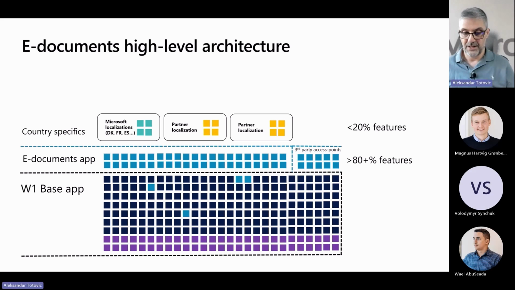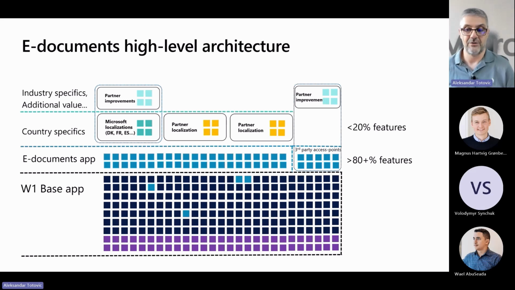But there are even more options for partners. Partners will be able to add additional value to our localizations. That means not only in a core app, you can extend even our current and future localizations. Maybe some new features, maybe something related to some industry specifics. There are no limitations. You can extend as you want.